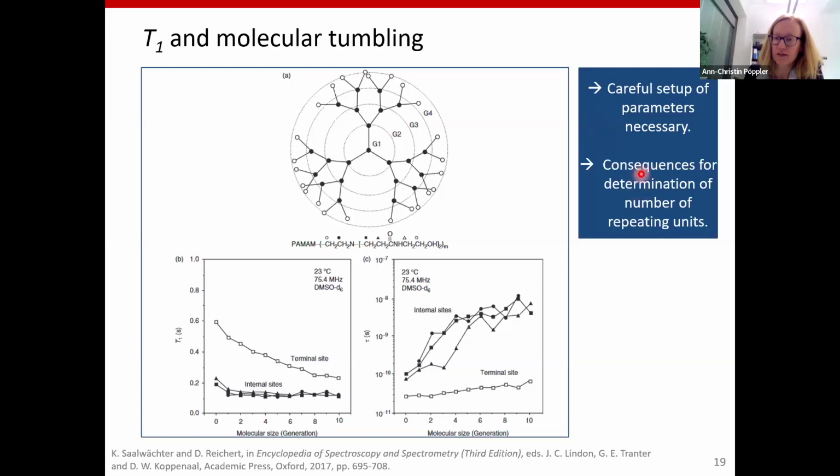And in particular, it has consequences when you are doing determination of the number of repeating units, because it's very common to use the end group analysis, where you have one single end group that might be different in the mobility than the rest of the polymer chain. Plus you have a lot of repeating units for the polymer chain, which also makes the error quite large when you determine the number of repeating units. So here you have to be very careful with the setup of the parameters.